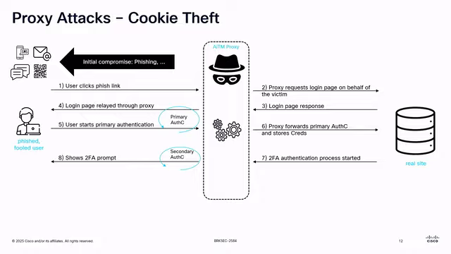This part of the attack varies between the different proxies, even versions, but essentially what happens is that the phished user gets a 2FA prompt displayed, and they must solve a 2FA challenge, either accepting a vanilla push or even doing number matching.